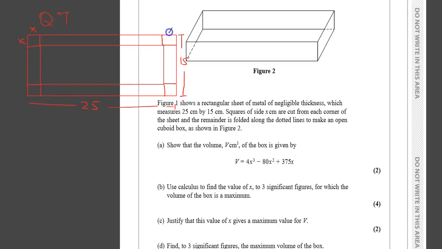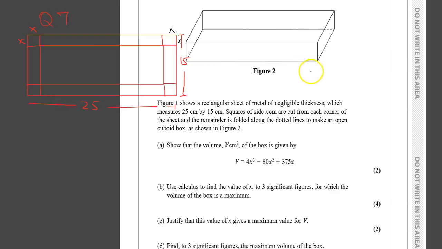Each side is x. The remainder is folded along the dotted line to make an open cuboid box. This is an open cuboid box. Show that the volume V of the box is given by this.